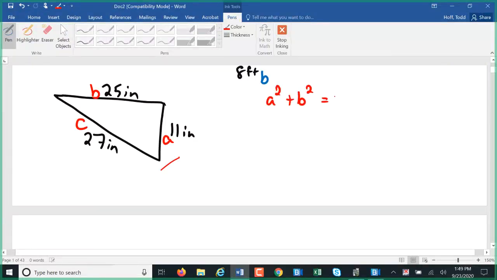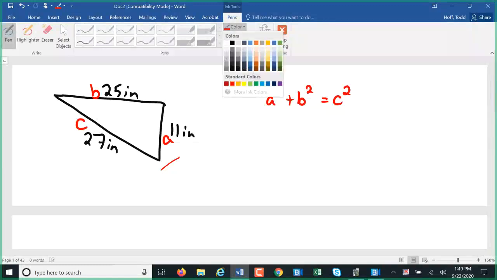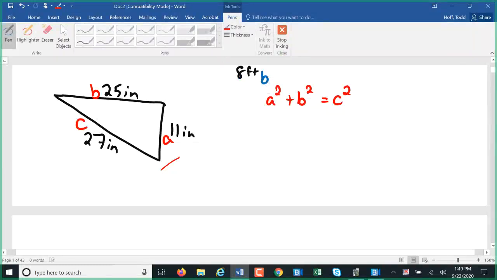A squared plus B squared equals C squared. A is going to be 11, so that'll be 11 squared.